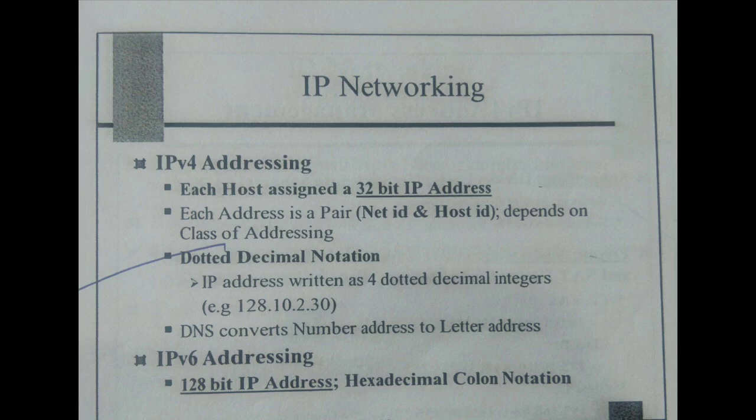That's why we use DNS instead of IPs, because we can't remember so many IP addresses. If we talk about IPv6 addressing, instead of a 32-bit IP address it has a 128-bit IP address, which is in hexadecimal colon notation, not decimal.